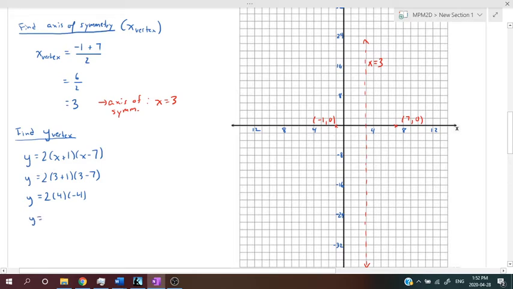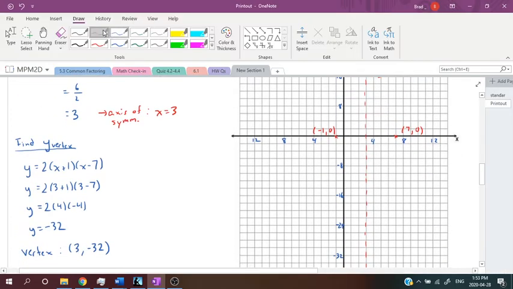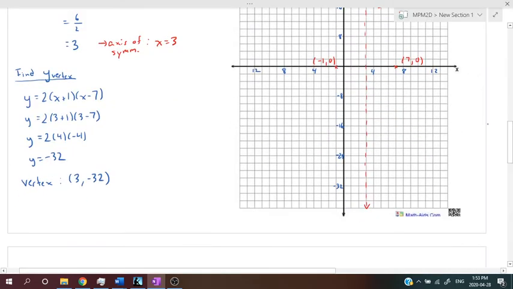And that works out to negative 32. So if we know the x of the vertex, and we know the y of the vertex, then we know that the vertex is 3, negative 32. So I'm going to go ahead and I'm going to plot that as well. So 3, negative 32, and that's exactly what we thought was going to happen, right?